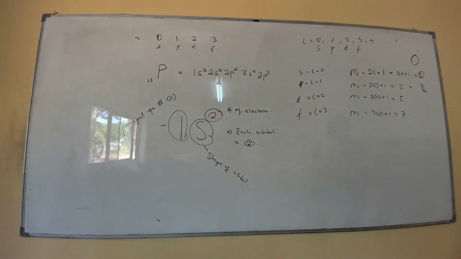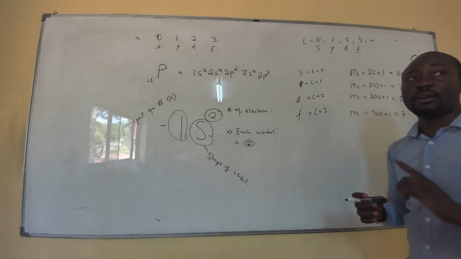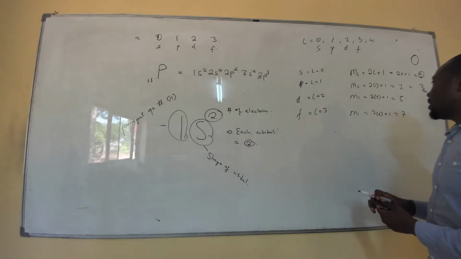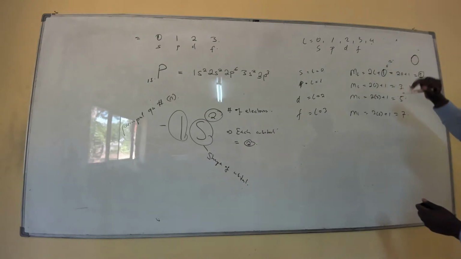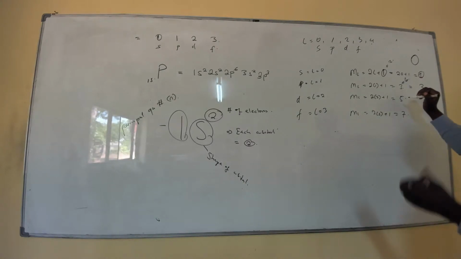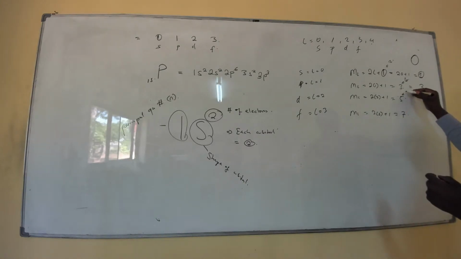Note that each orbital is able to accommodate a maximum of 2 electrons. So if this is 1, it can get 2 electrons. If these are 3, they can get 6 electrons, because 2 each, 2 times 3 is 6. If these are 5, they get 10 electrons, and f gets 14 electrons.